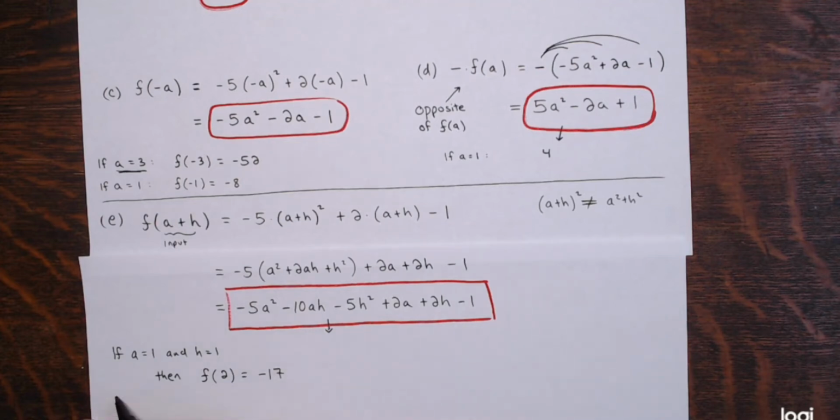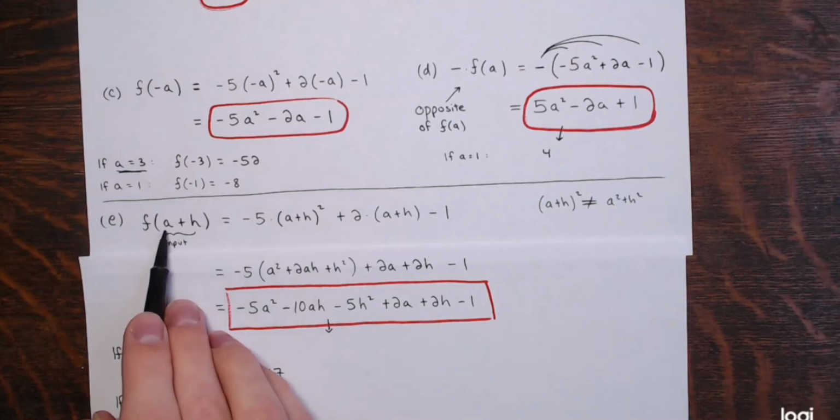But here's another one. Let's say a were 0 and h were negative 3. Then you'd have f of 0 plus negative 3.